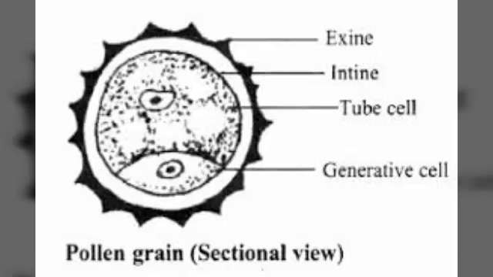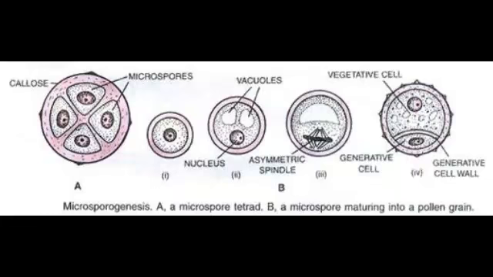This is the structure of pollen grain. The outermost layer is called exine and the inner layer is called intine. It has two parts, the tube cell or vegetative cell, and another cell called the generative cell. It contains the male gamete, and the male nucleus is divided into two parts.